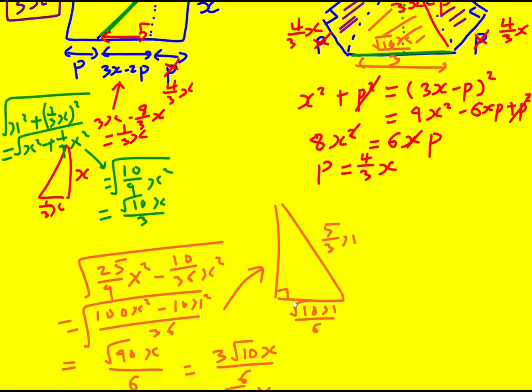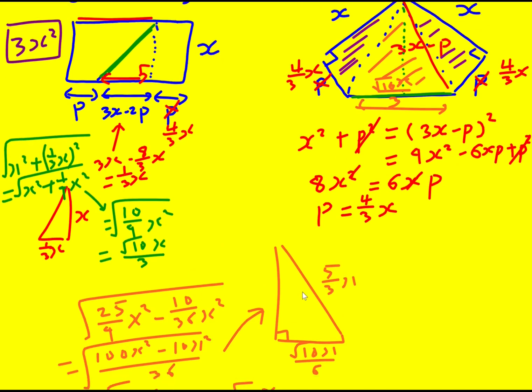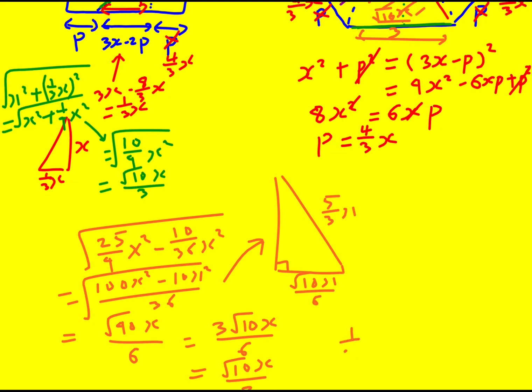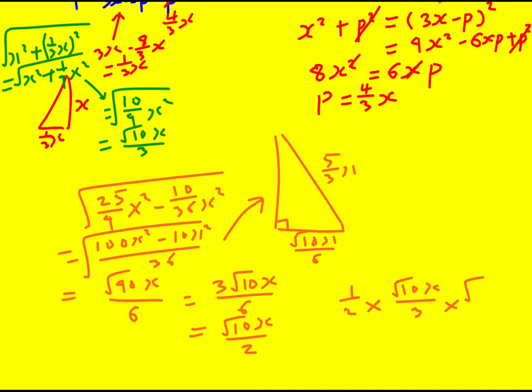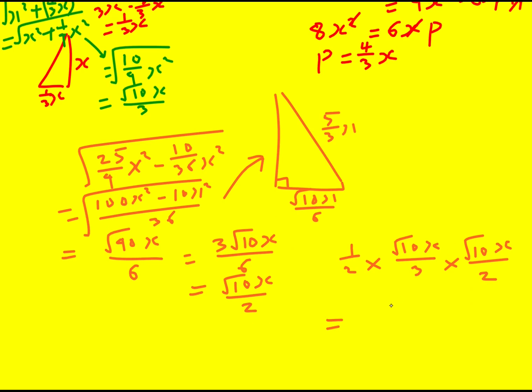Okay, so finally, if I want to work out the area of the orange triangle, it's going to be a half times the base, which remember was root 10 x over 3, multiplied by the height, which is root 10 x over 2. That's going to give me 10x squared over 12, or 5x squared over 6.